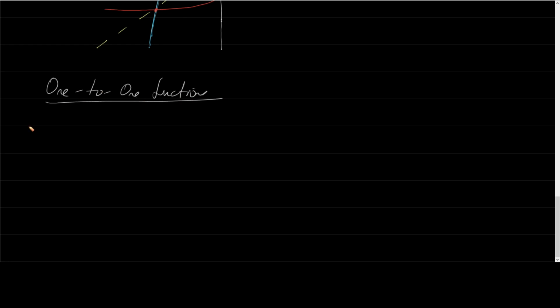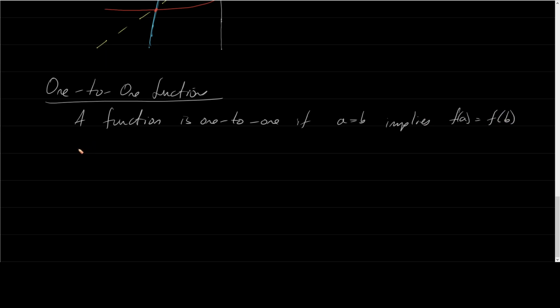A one-to-one function, well, a function is one-to-one if A equals B implies f of A equals f of B, and f of A equals f of B implies A equals B, right?